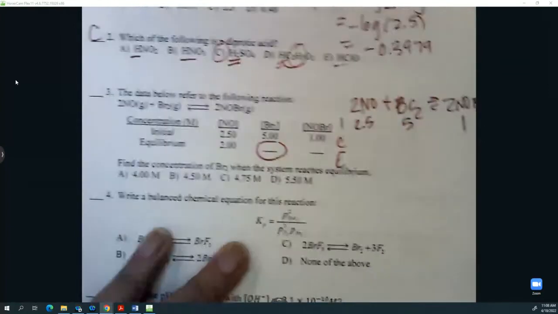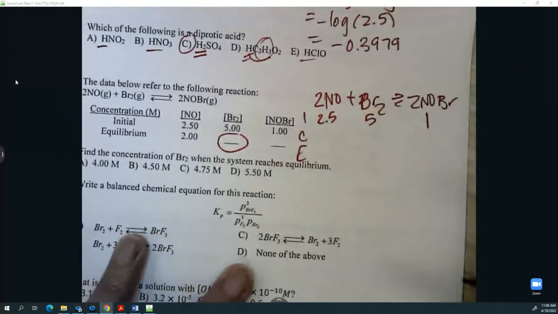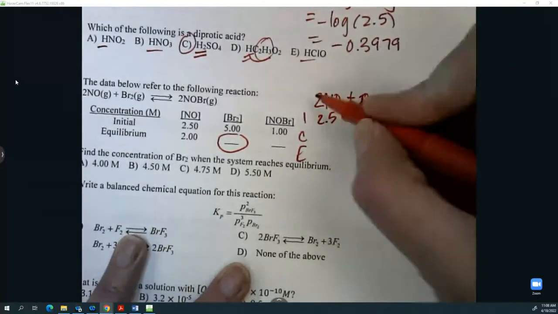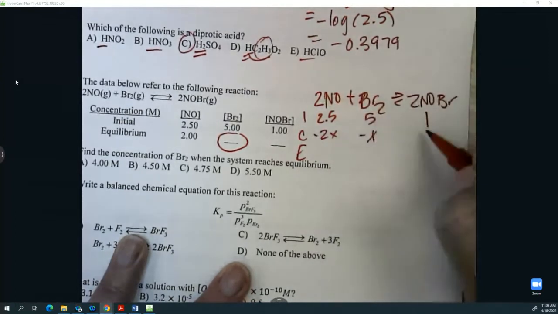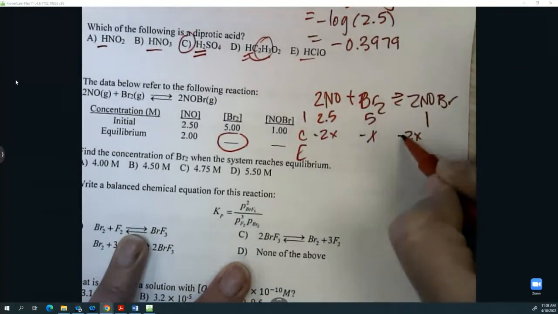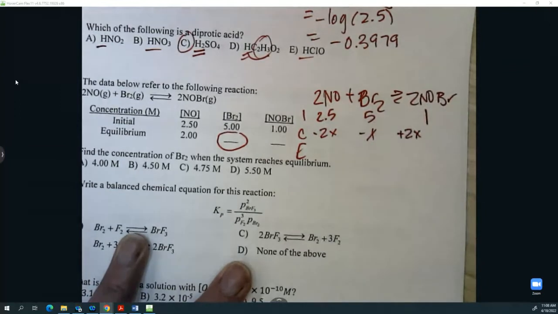All right, so I put in all the initials. And then I'm just going to pretend like I don't have a final, but I would say, so this is the 2, so minus 2x, minus x, plus 2x. Okay, here we go, plus 2x, like that.